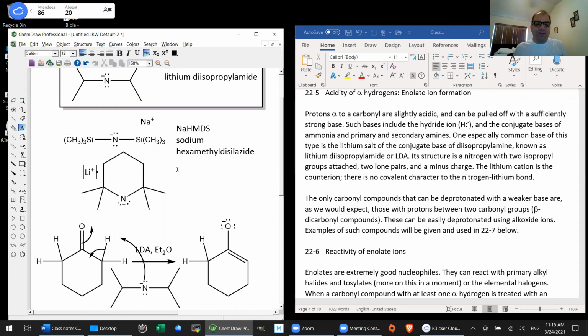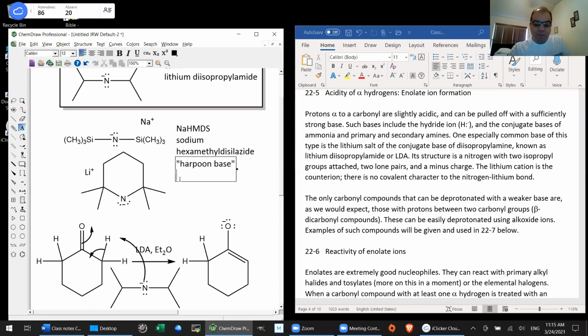At this point, I'm just showing you these because the names are so outrageous. I have no idea why, but I've heard that people call this harpoon base. Don't ask why. I do not know why.